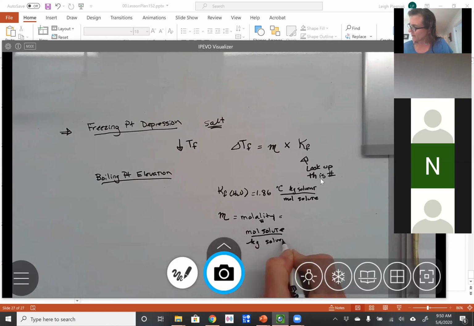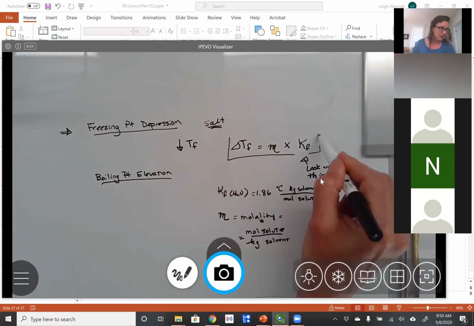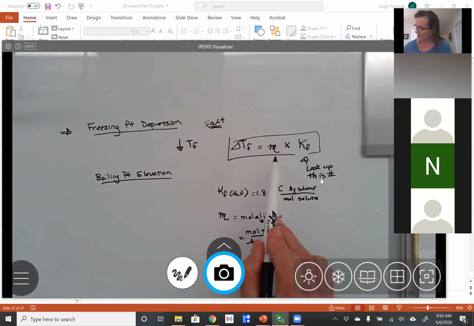So you have to calculate the molality in order to be able to use this equation. And molality is always given with a little script m.